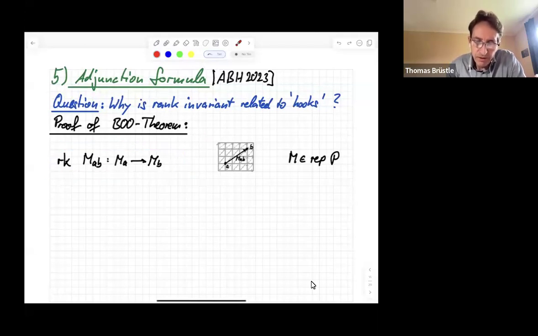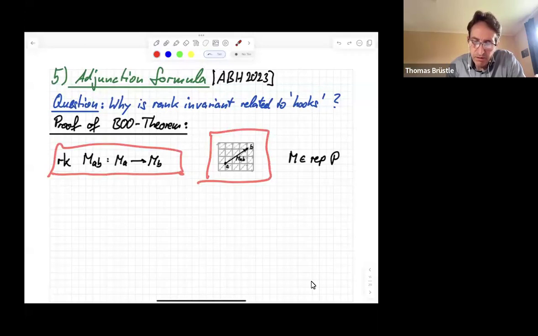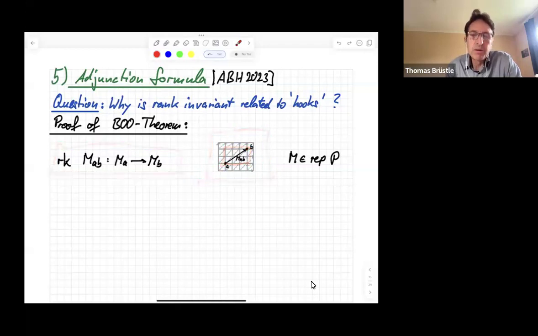So if we look at the two-dimensional grid example, we look at a module that is indexed over such a grid here, and in this grid there's a point A, there's a point B, and we look at poset representations. So all those paths here commute, and there's really one linear map from MA to MB, and this is the linear map whose rank we are interested to compute.